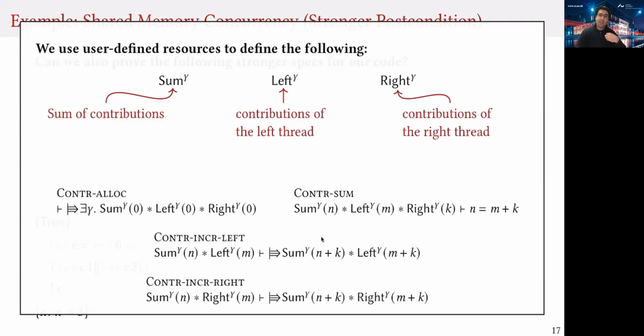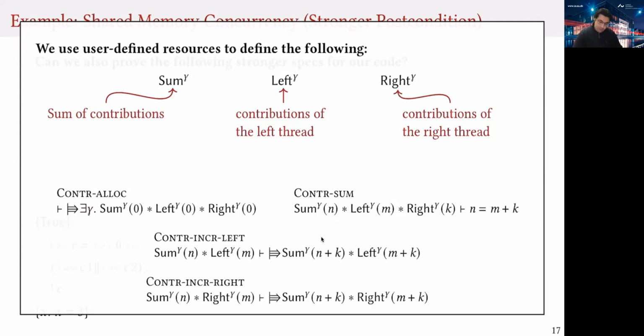But the point is that the program logic, as I said, is defined in such a way that you can always perform updates to your resources to do basically anything that you want in your proof, as long as your resources allow it, of course. Here, our resources must uphold this property, of course, that the sum of the left and right should be exactly the value sum.